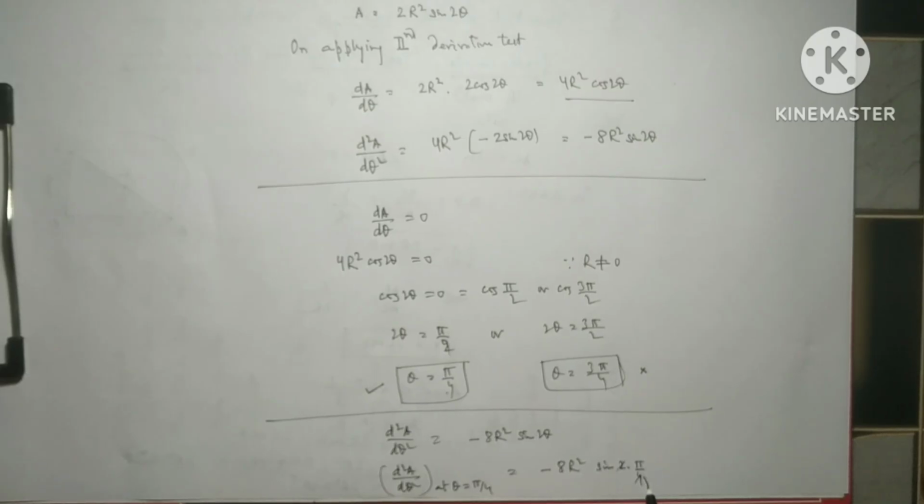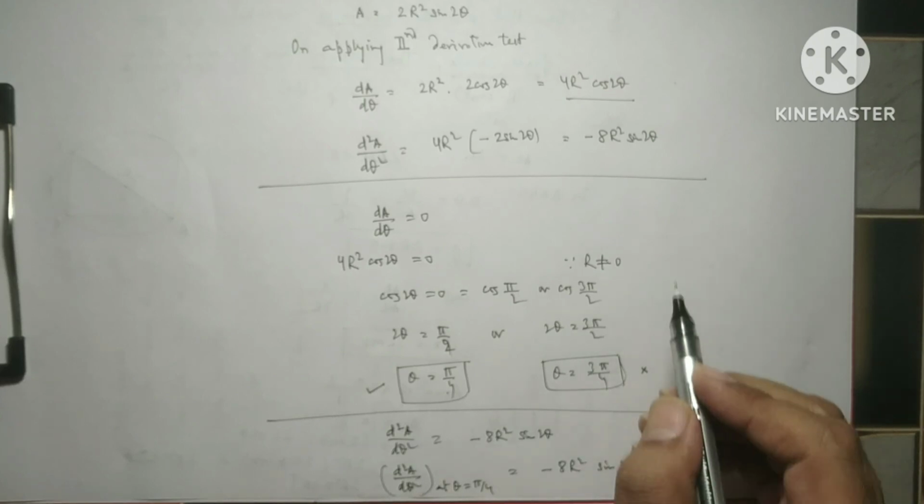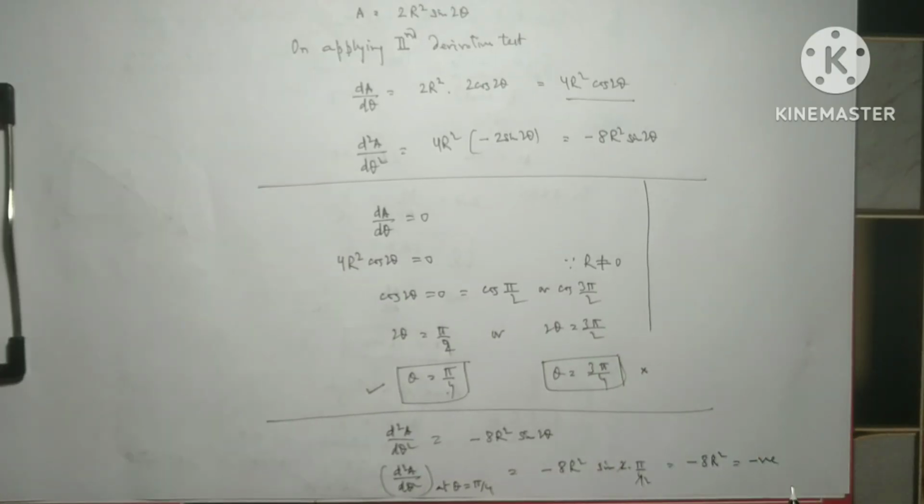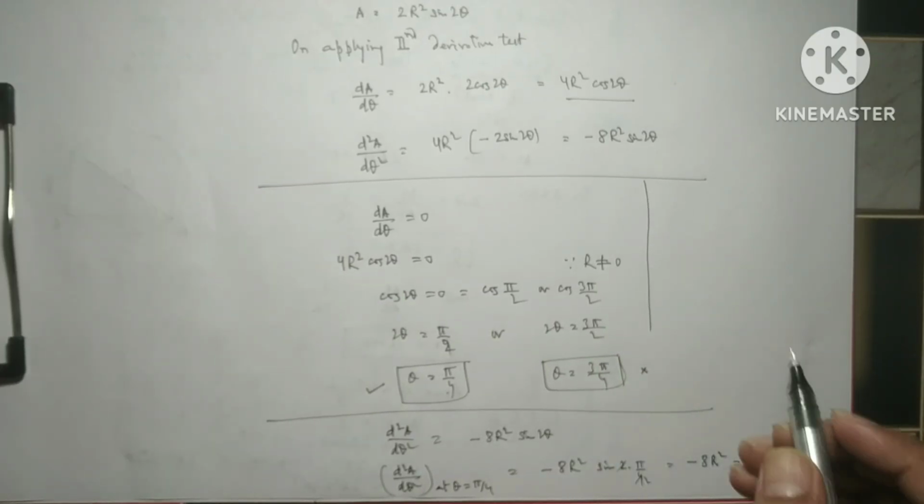That is π/2, so sin is 1. So we get minus 8r², or you can say negative. It means the second derivative of the area function is negative. So that gives you the sense of maxima. So it means area is maximum.